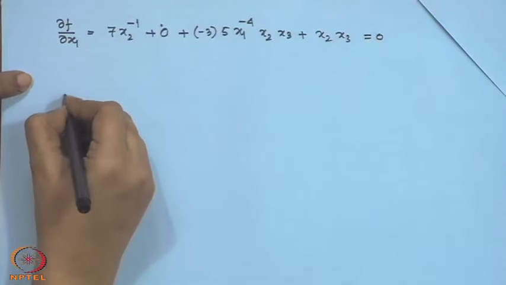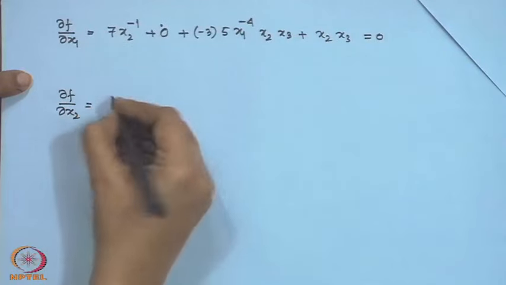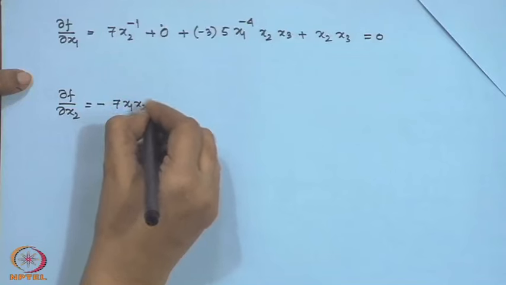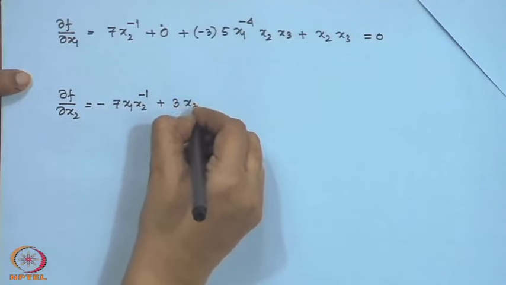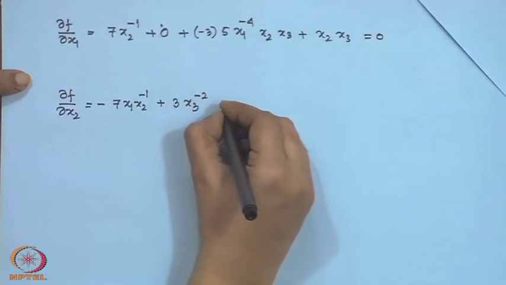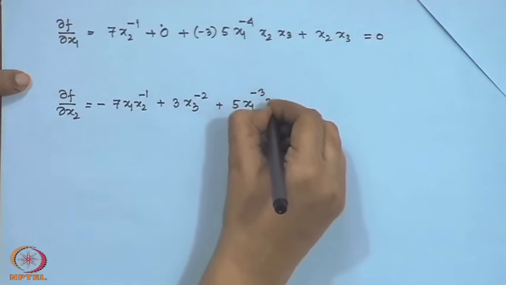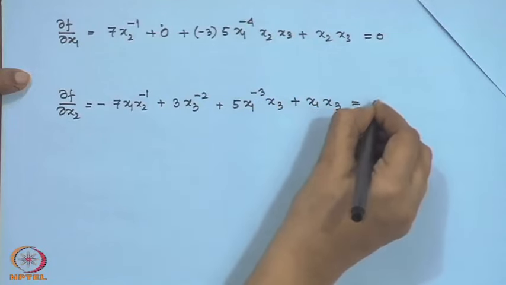What about the second? Del f by del x2 is equal to minus 7 x1 x2 to the power minus 1 plus 3 x3 to the power minus 2 plus 5 x1 to the power minus 3 x3 plus x1 x3 equal to 0.